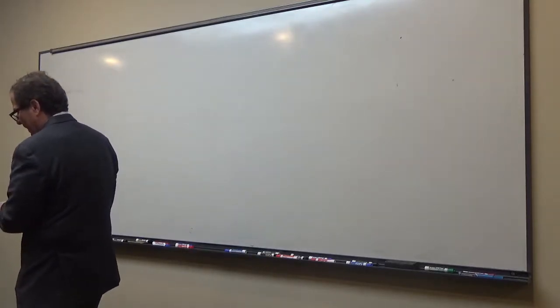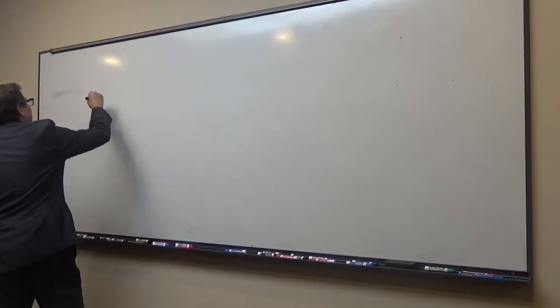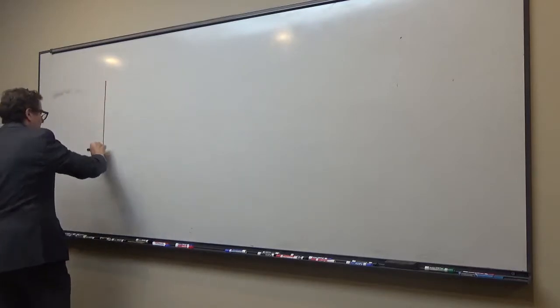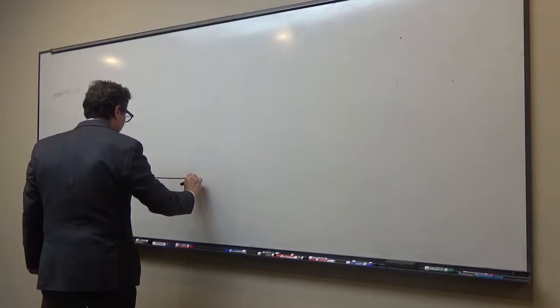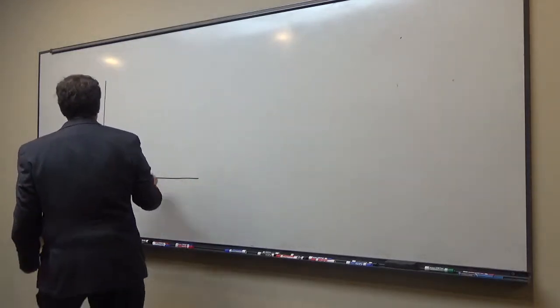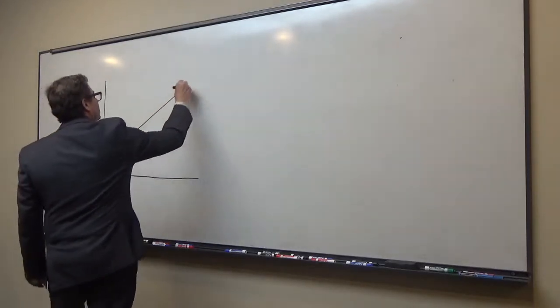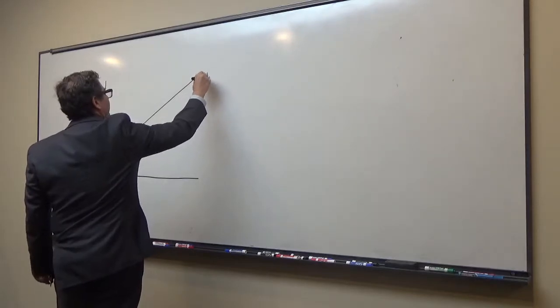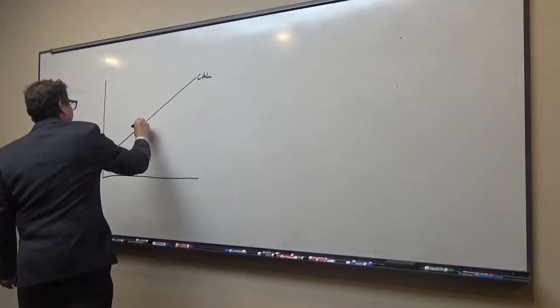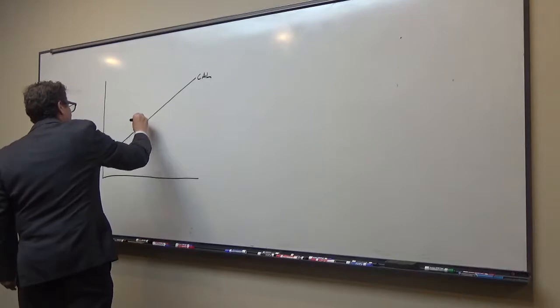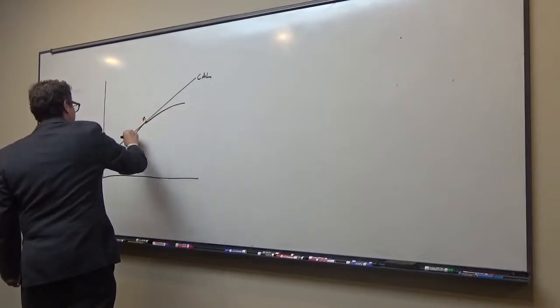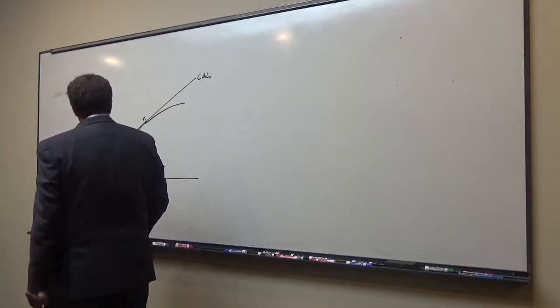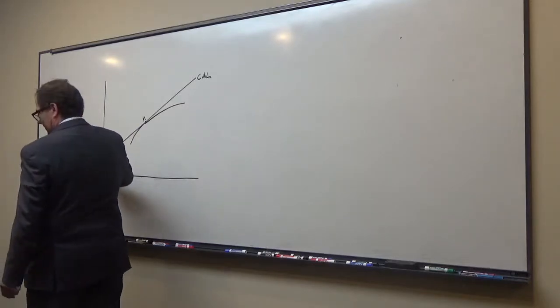I guess the one question that I really have is how it relates to the inverse coefficient of variation rate, and what are the 2 objectives? Yeah. So the capital allocation line, and this is how I do it. You've got to do it my way, or else you'll screw it up. So you go like that, and you go like that. And this has to be higher than this.